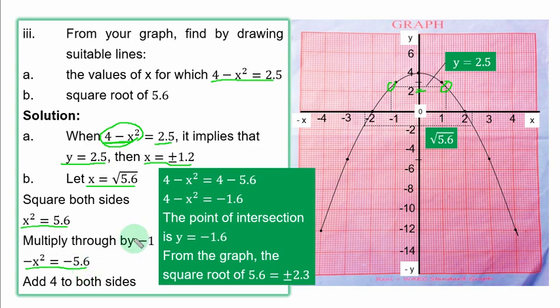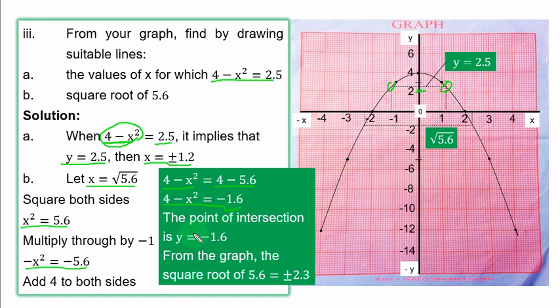When you add 4 to both sides, you have 4 minus s squared equal to 4 minus 5.6. So therefore, 4 minus s squared is equal to -1.6.